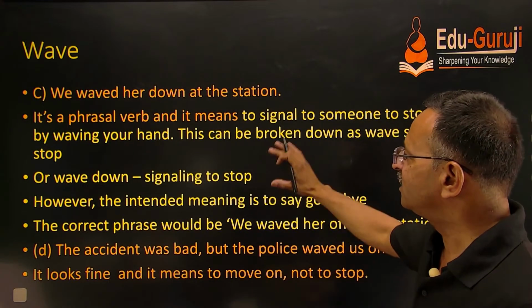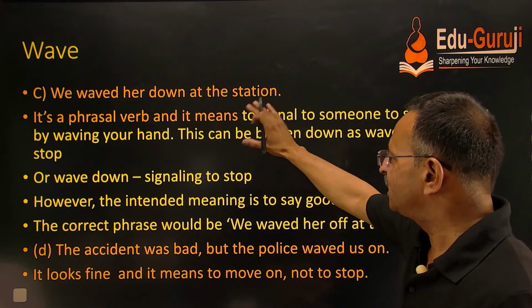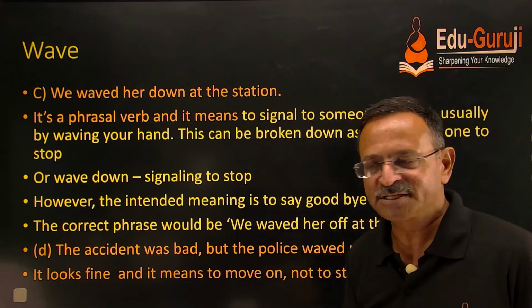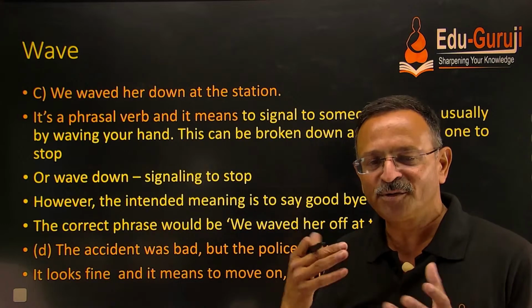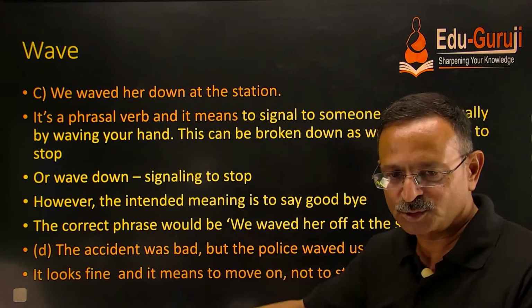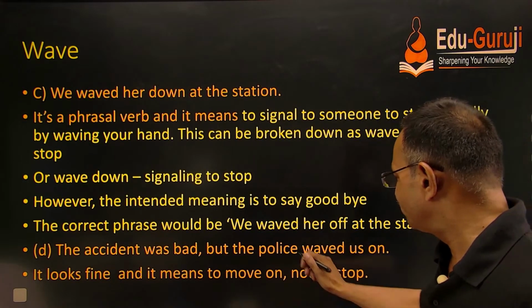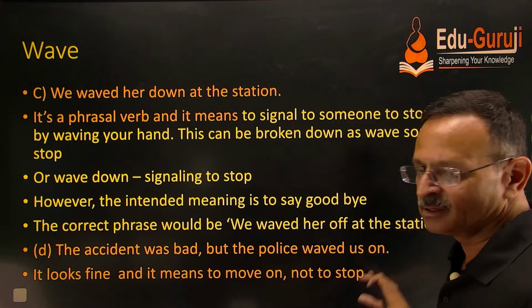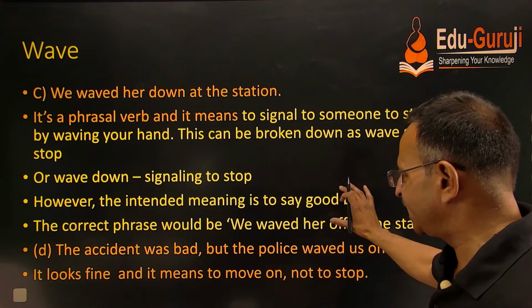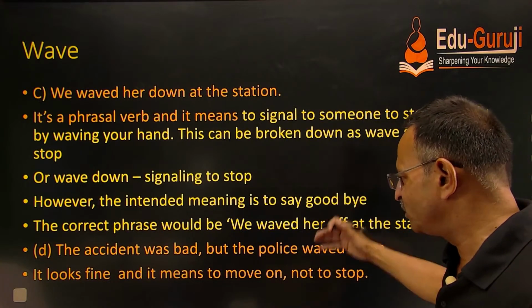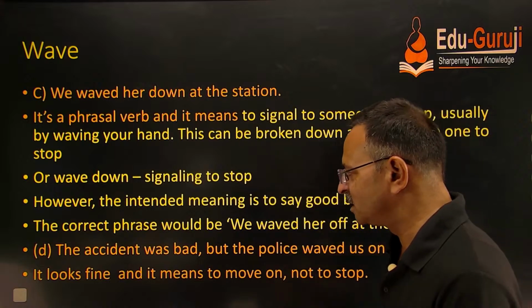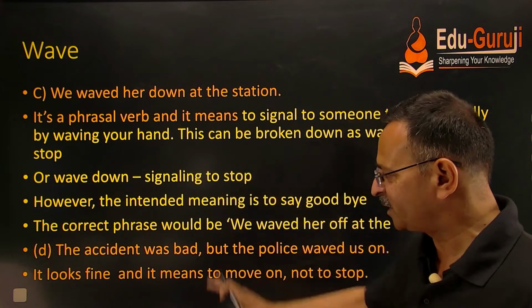If you look at "we waved her down at the station", the intended meaning is we want to say goodbye, not to stop. So the correct option would be "we waved her off at the station". That would be the correct use of the phrasal verb in this context.